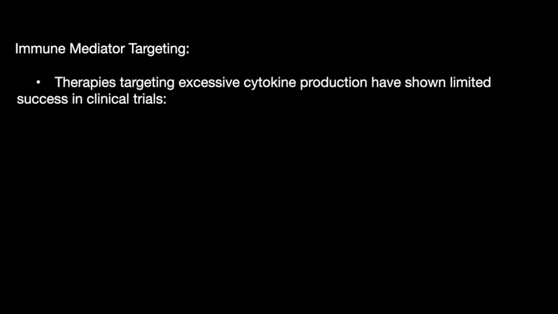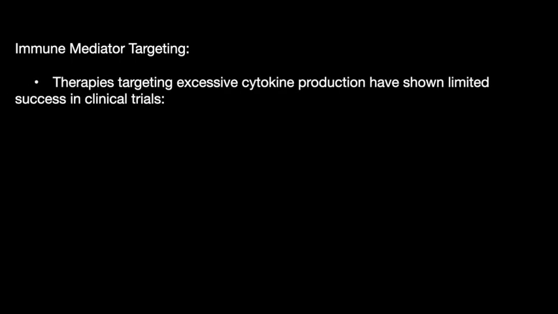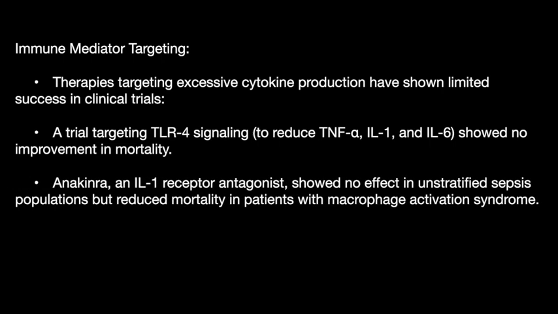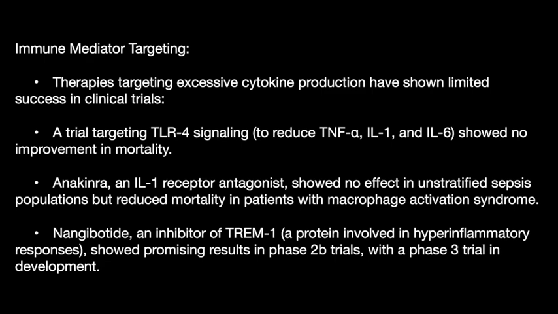For immune mediator targeting, therapies targeting excessive cytokine production have shown limited success in clinical trials. A trial targeting TLR4 signaling showed no improvement in mortality. Anakinra, an IL-1 antagonist, had no effect in stratified sepsis. Nangibotide, an inhibitor of TREM1, showed promising results in a phase 2b trial, but a phase 3 trial is in development.